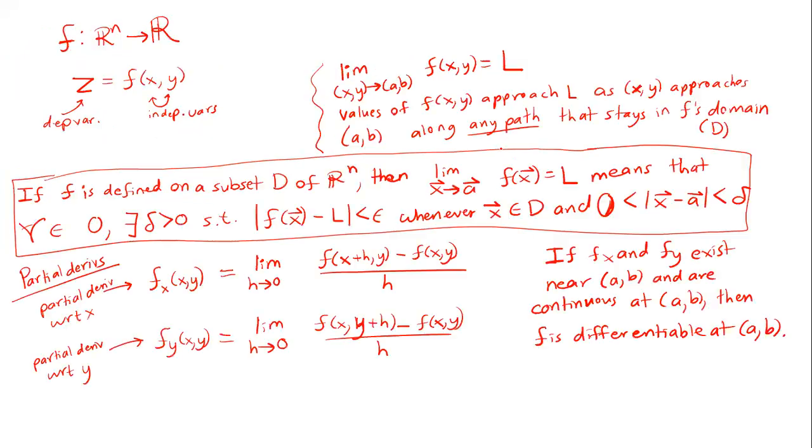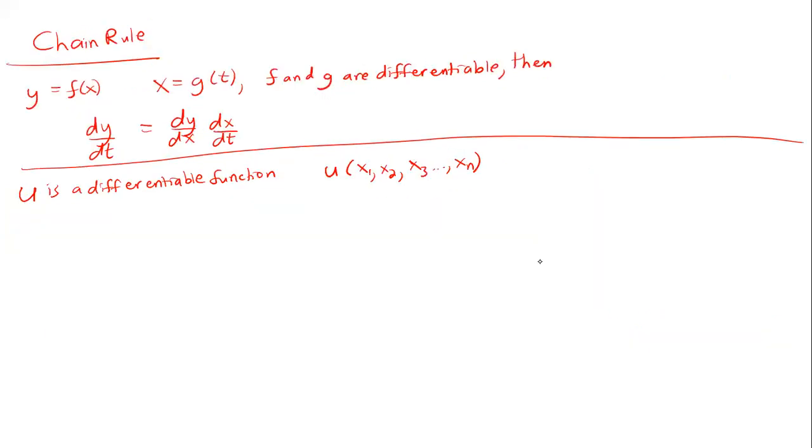And remember that we just said what it would mean for this to be differentiable. It would be differentiable at a point if all of its partial derivatives exist at that point. And it's going to be differentiable on a domain if all of its derivatives exist at every point and are continuous at every point on its domain. So it needs to be a differentiable function, and every xj is a differentiable function also.